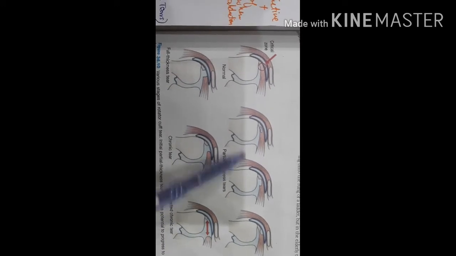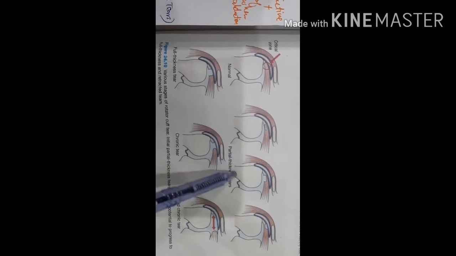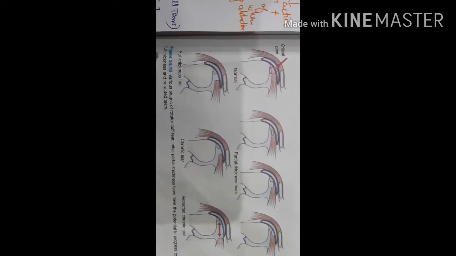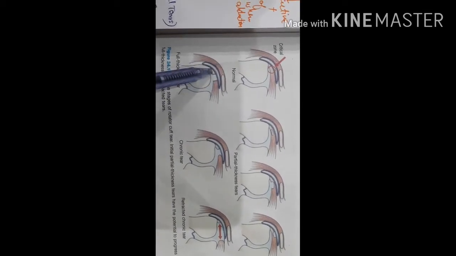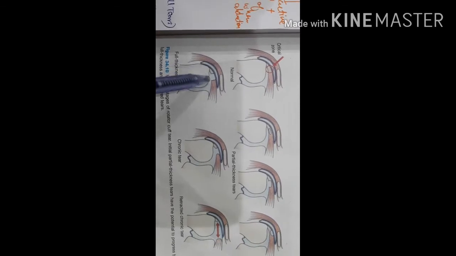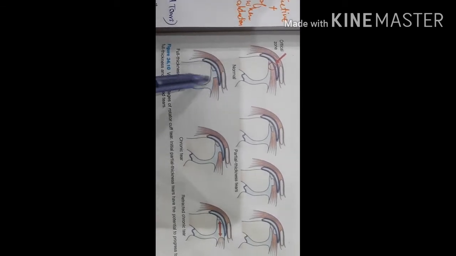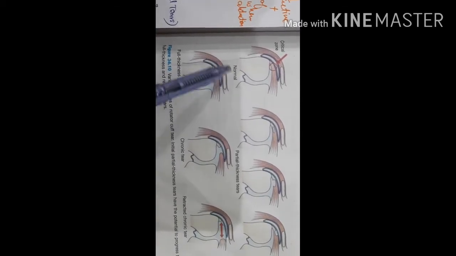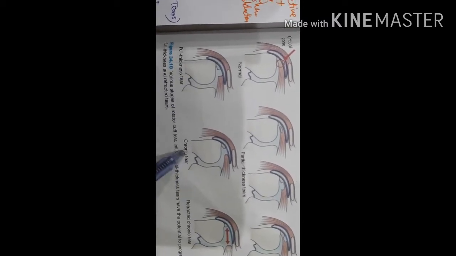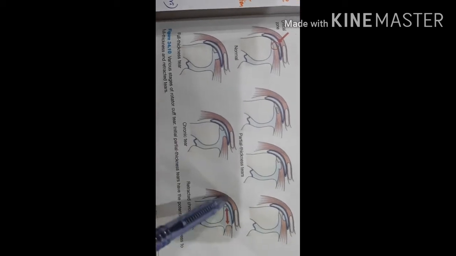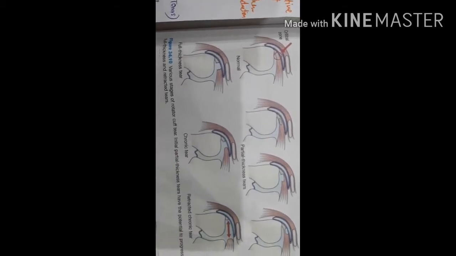When the partial thickness tear progresses to form a full thickness tear, there is a bare area between the greater tubercle of the humerus and acromion. Here the acute full thickness tear is shown. Here is the chronic tear and the retracted chronic tear.